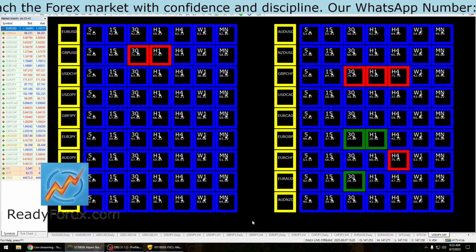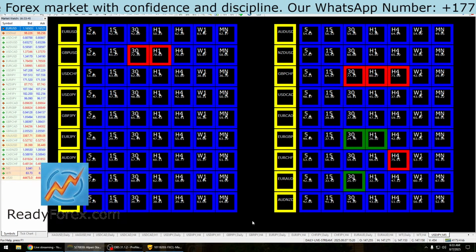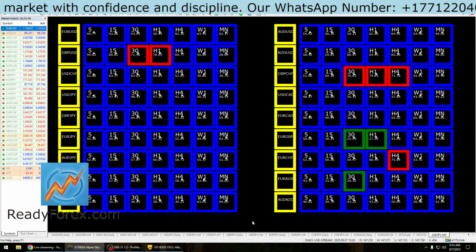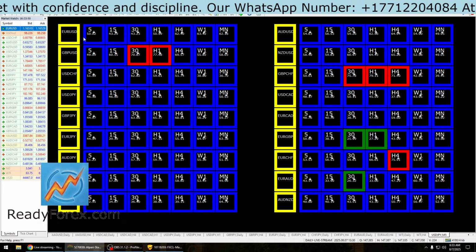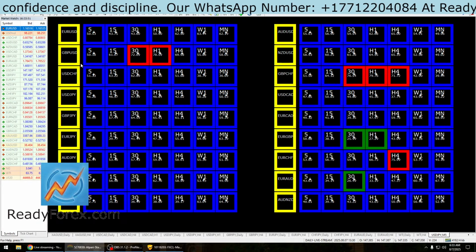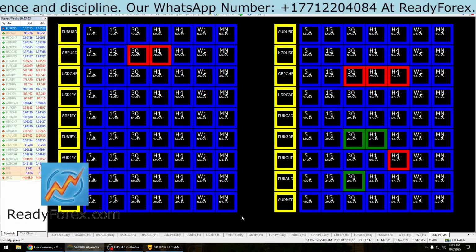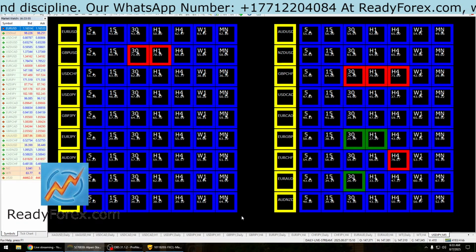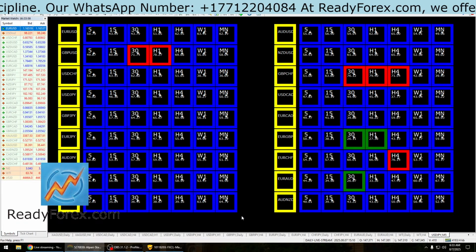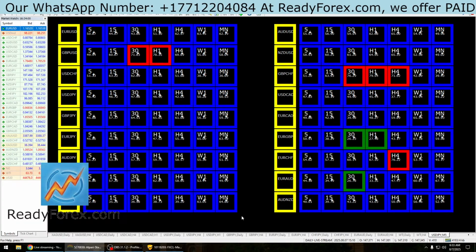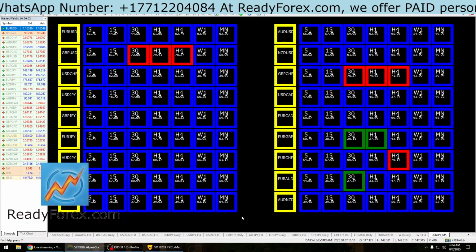It's a very handy indicator, only I have it, and this is telling me a bird's eye view of what is going on with different forex pairs and different time frames.